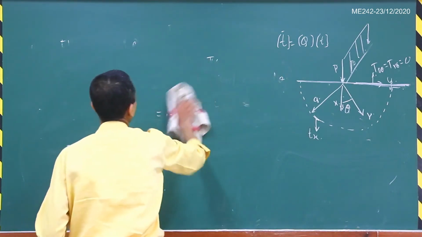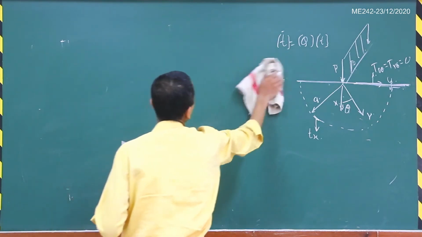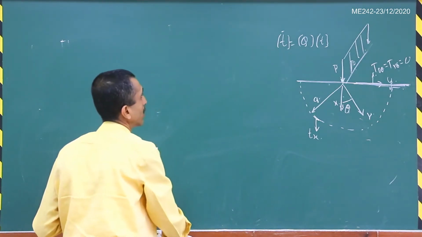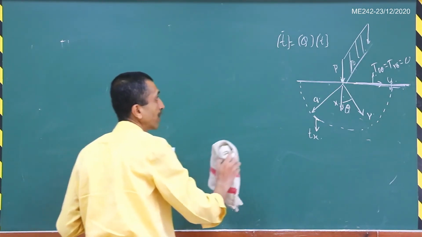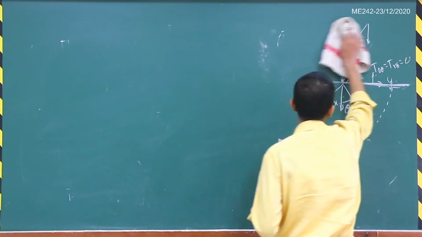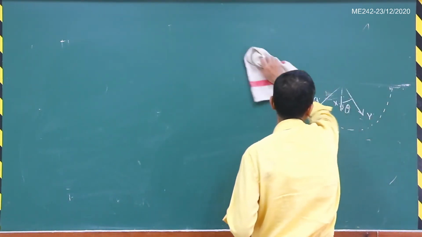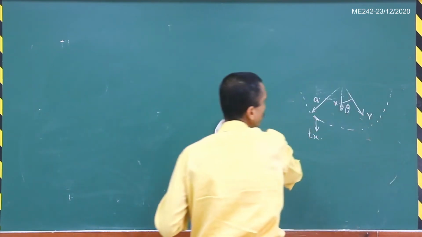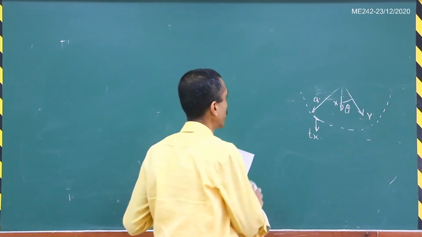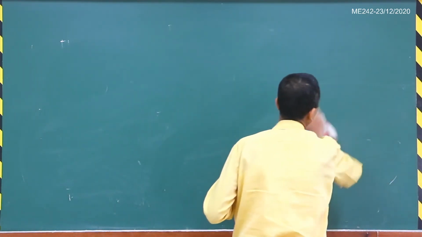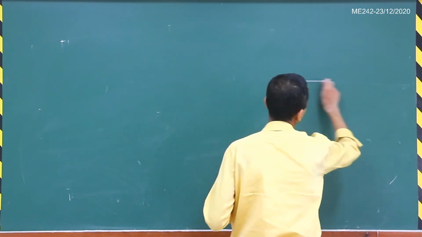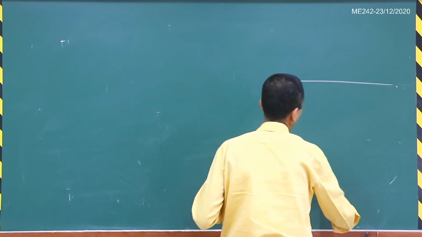Suppose now I have a distribution of loads on this half space. We have a distributed load that is acting on this half space here. So this is the half space, right? I will just draw it like this.